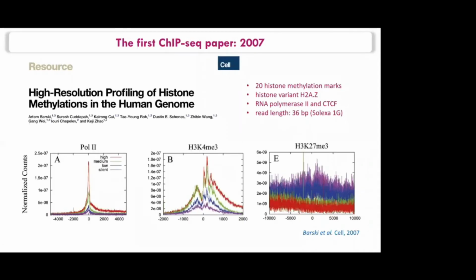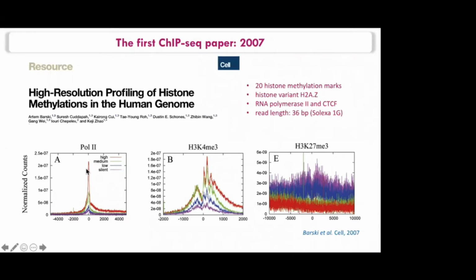There's a lot to take in this paper, but I thought I'll just share one figure, which is relevant to gene regulatory mechanisms, and kind of simple examples. Here they profiled Pol2 at 4 different categories of genes: genes that are expressed at high, medium, low, and silent genes. They grouped 20,000 human genes into these 4 categories based on their gene expression.